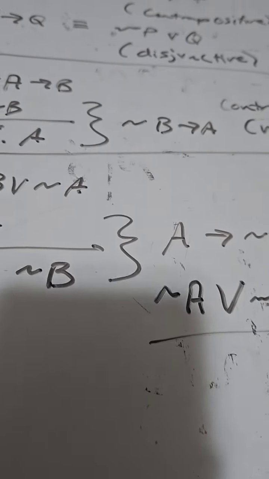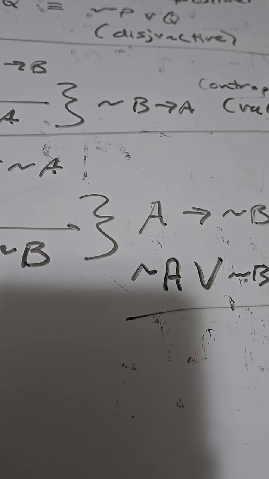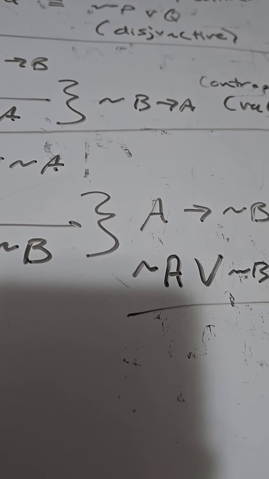So in our case, the photocopy would just be the not B. Looking back, we have this and they have that, and you're like, well, those aren't the same. Well, they are if you consider that the disjunctive and the conjunctive are commutative.